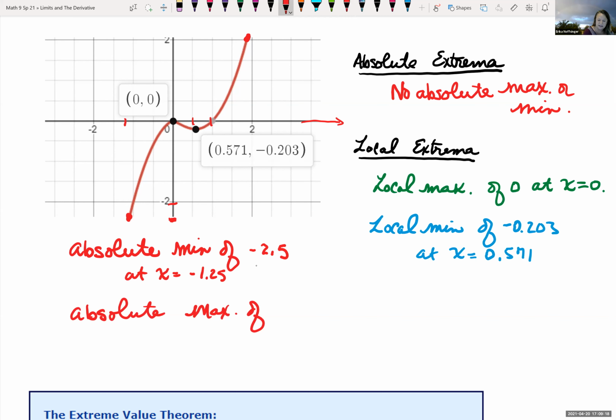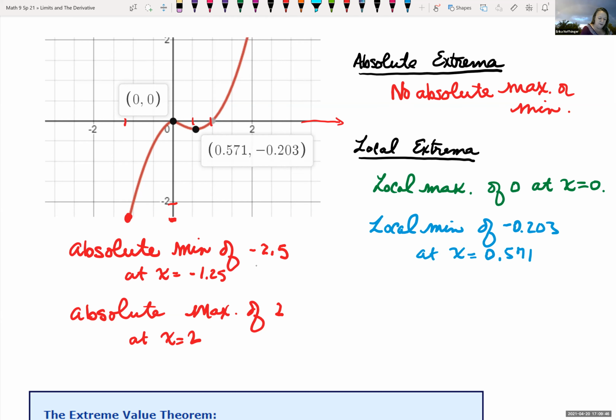And so that highest y value we're getting is 2 when x is, let's just say that that's 2. Our local max and local mins are occurring in the same place. So that's if those were solid points.